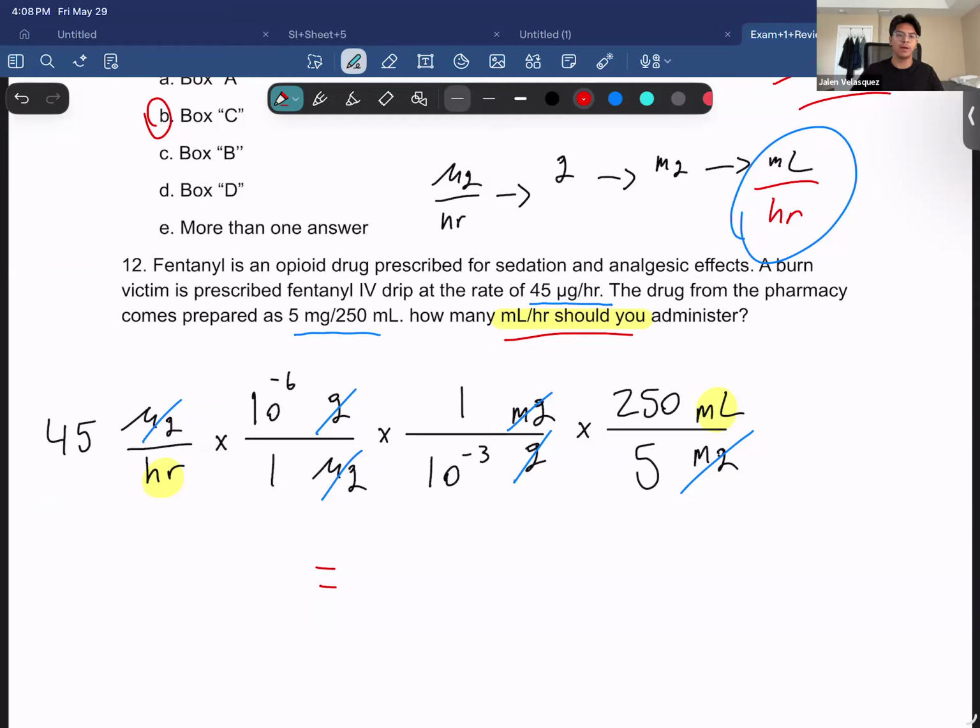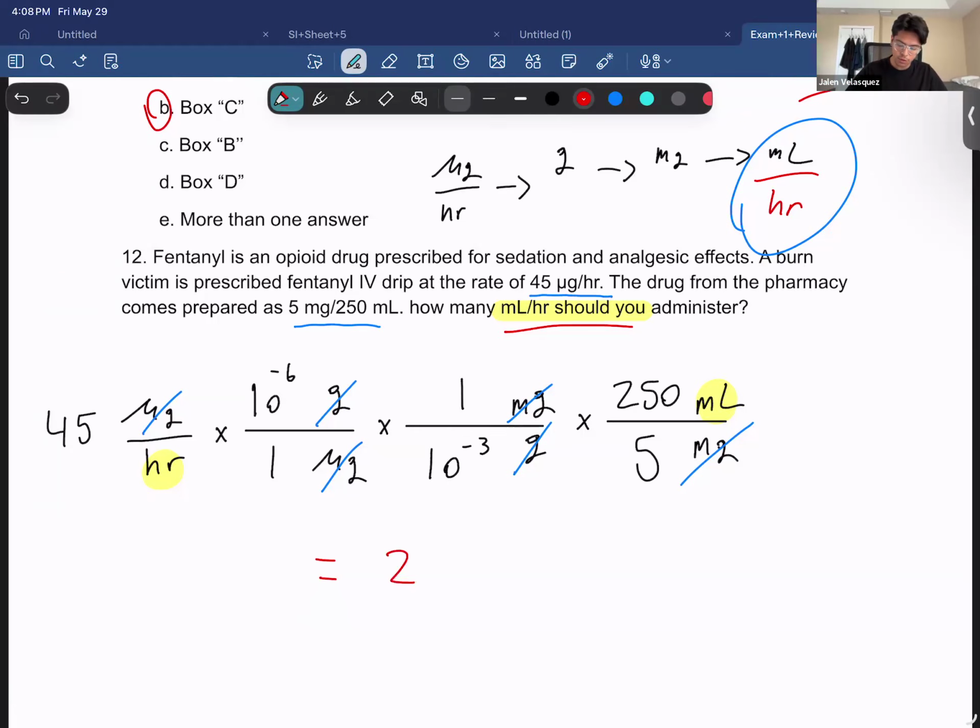And just as a reminder for how you do the math, any numbers that are on the numerator, you multiply. Any numbers on the denominator, you're going to divide. So essentially, you're going to do 45 times 10 to the negative 6, divided by 10 to the negative 3, times 250, divided by 5. And you should get 2 milliliters per hour.